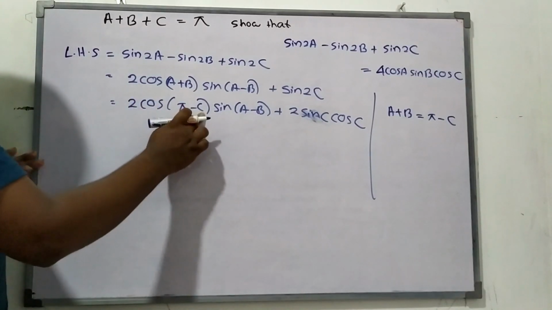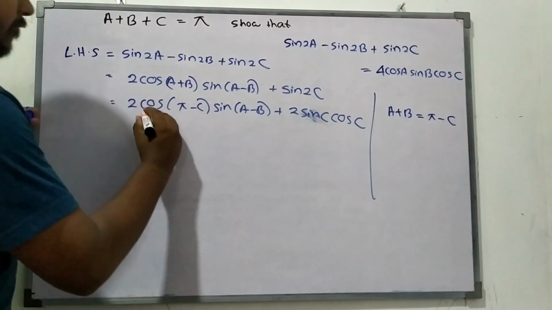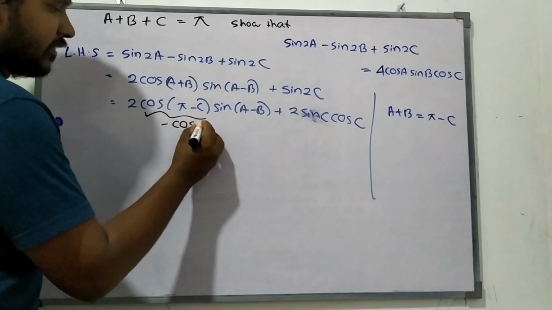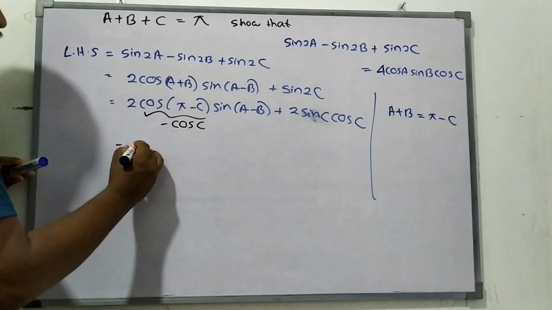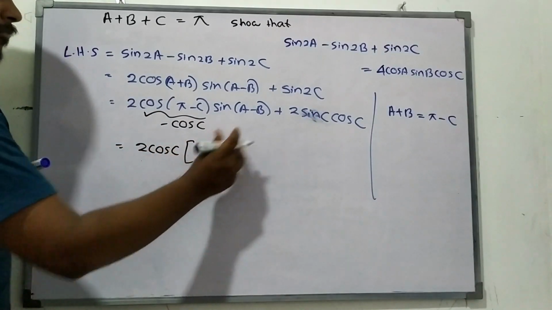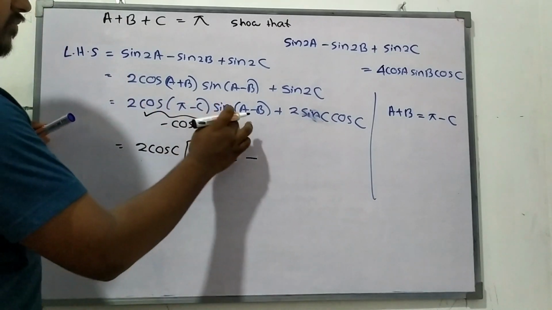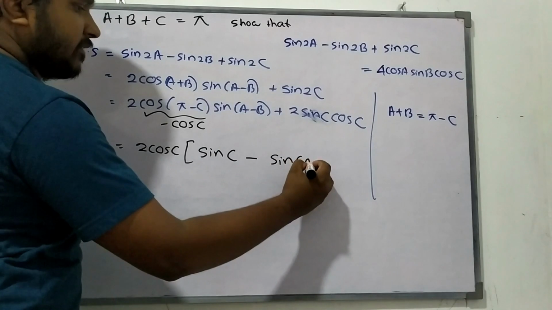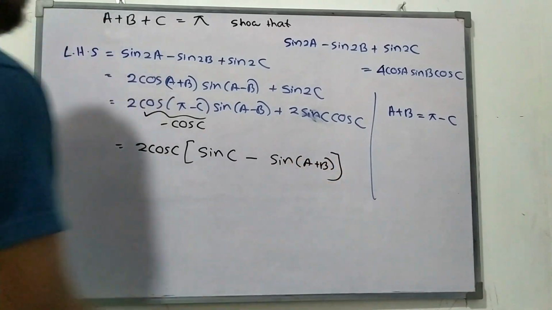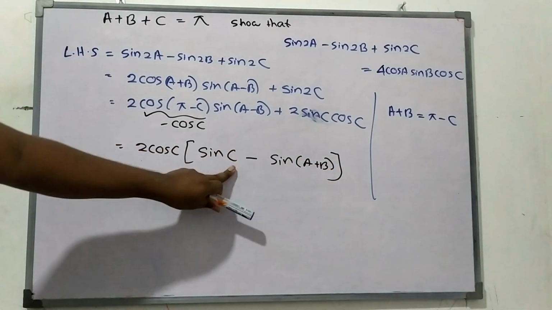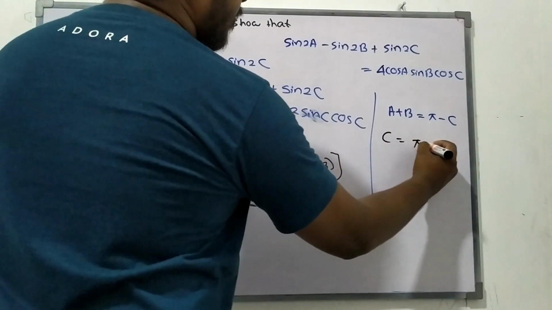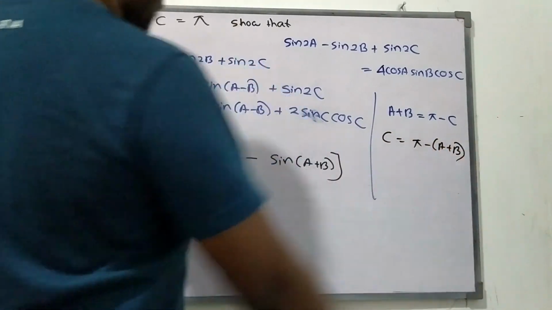Cos(pi minus c) means minus cos c, no? So we can take 2 cos c out. Then sine c minus sine(a plus b)... what is c? So c means pi minus (a plus b), right?